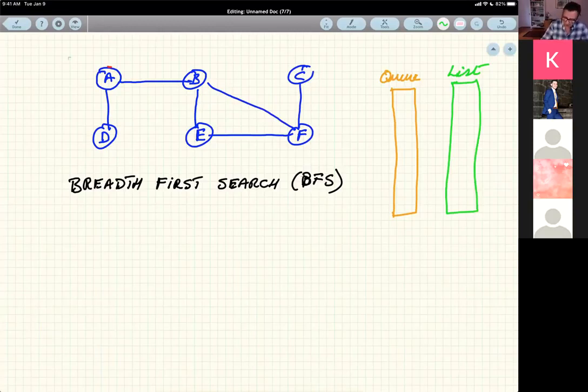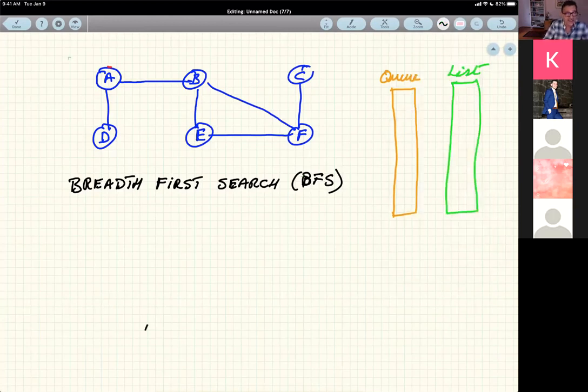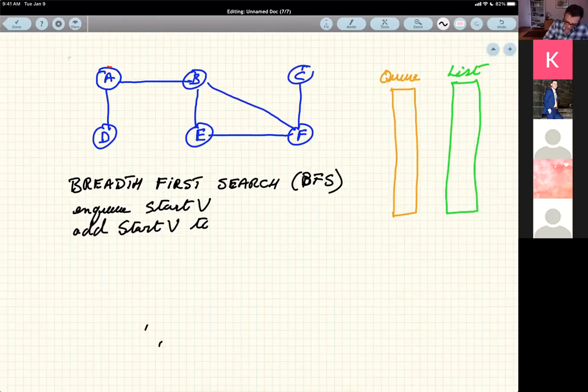Okay, so what does the breadth first search algorithm look like? Well, it looks like this. It says enqueue the start vertex, and add the start vertex to the list.